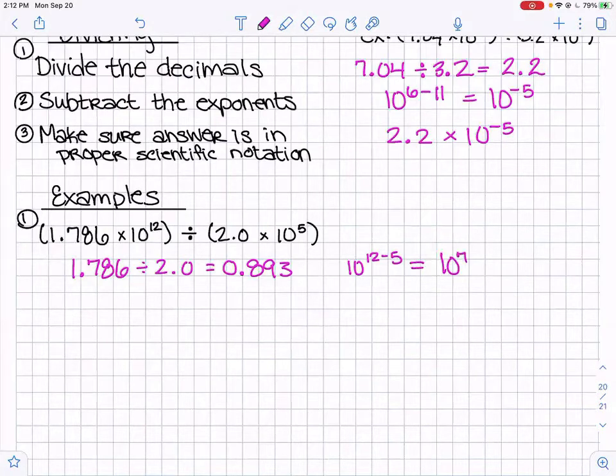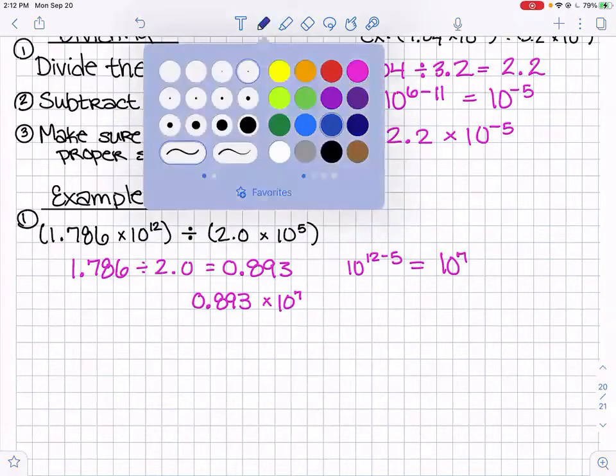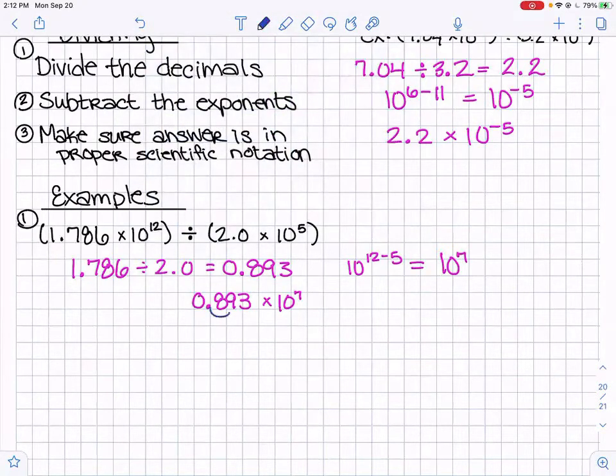So right now our answer is 0.893 times 10 to the 7th. Why is it not right? Move 1 this way, so I'm going to subtract 1. 8.93 times 10 to the 6th.